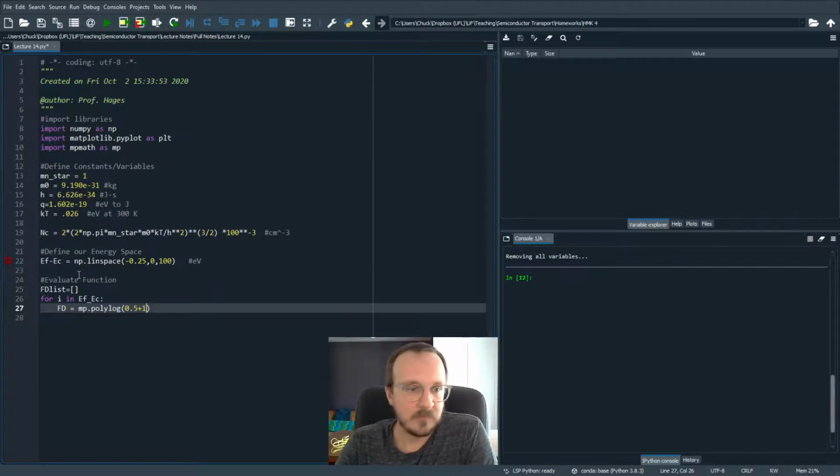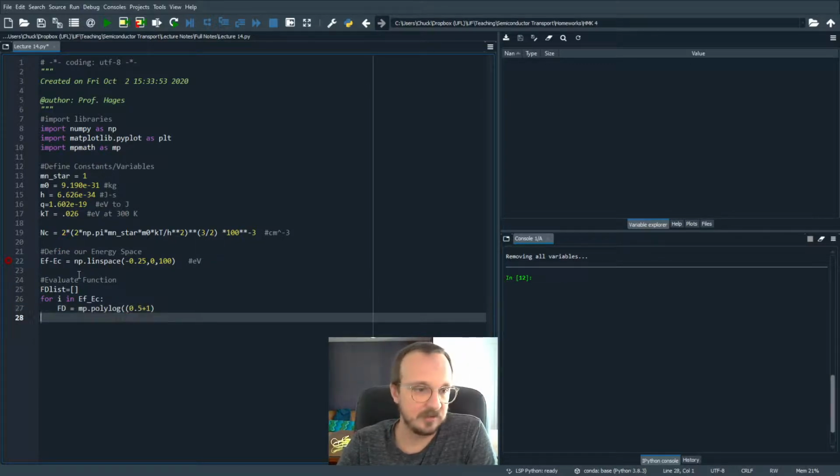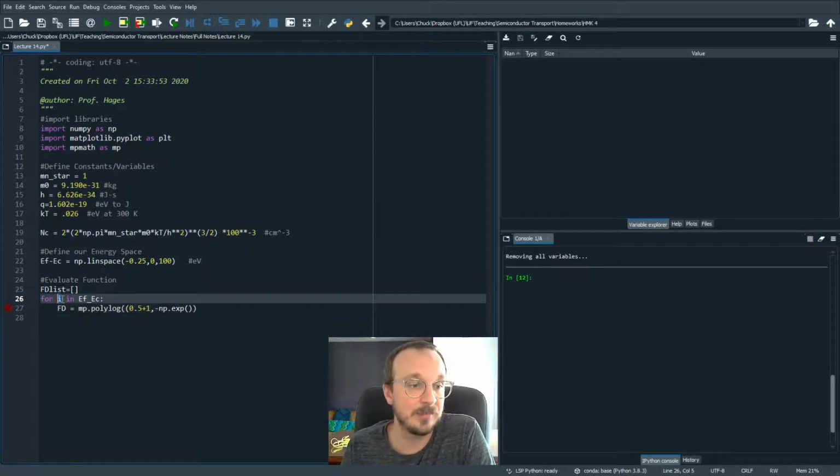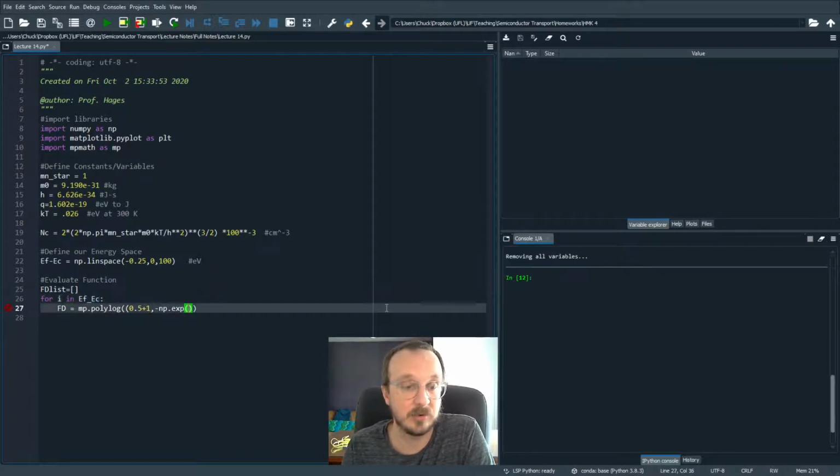Let's put this in parentheses just in case, but I don't think this should matter. And then the argument is the negative exponential of EF minus EC over KT. So i is going to be all these different values we're passing, so we're going to do i over KT, and these are both in units of eV.